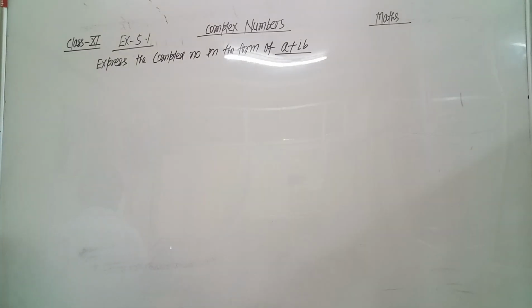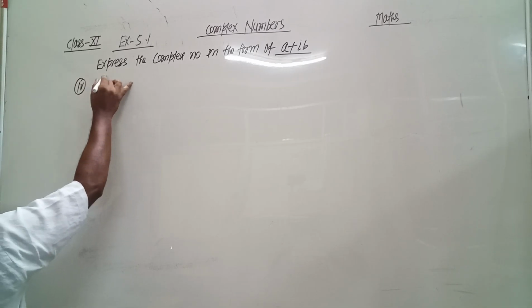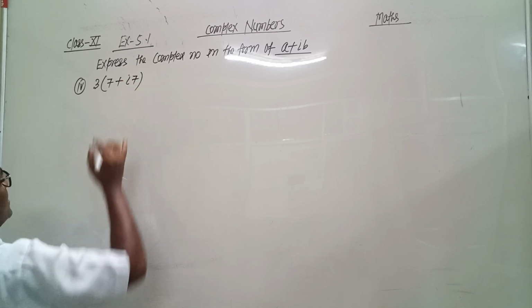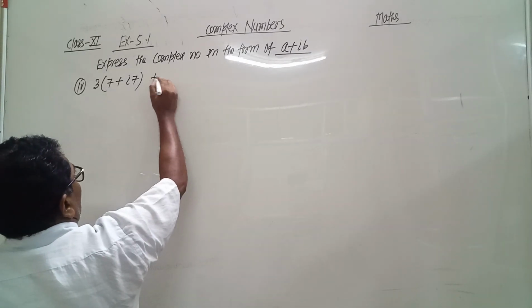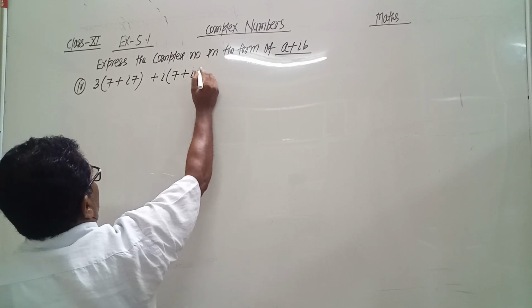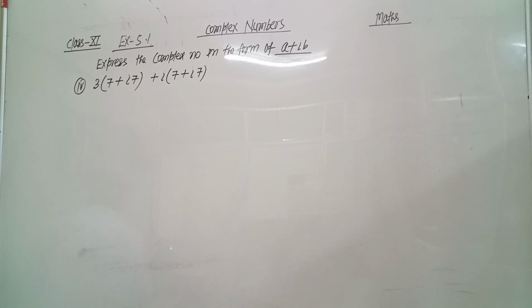So the fourth part of the first question is 3(7 + 7i) + i(7 + 7i).